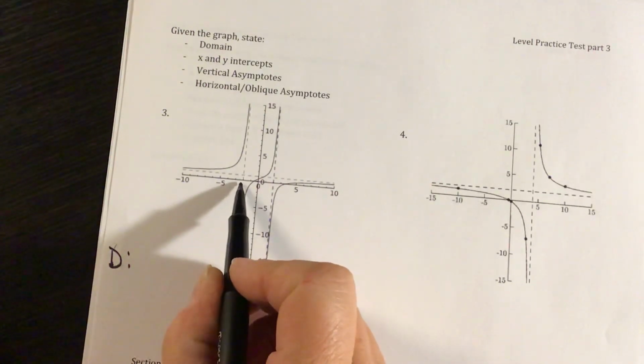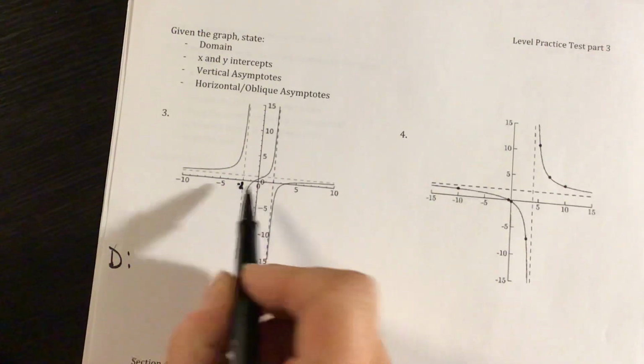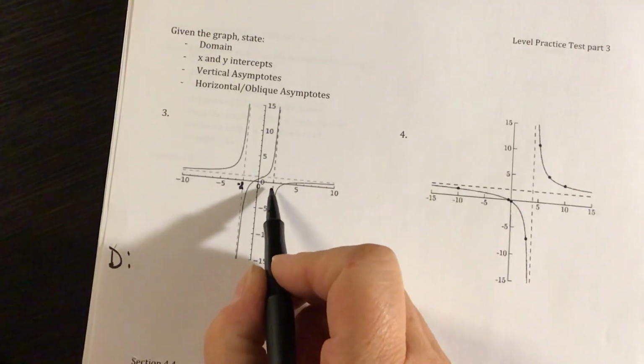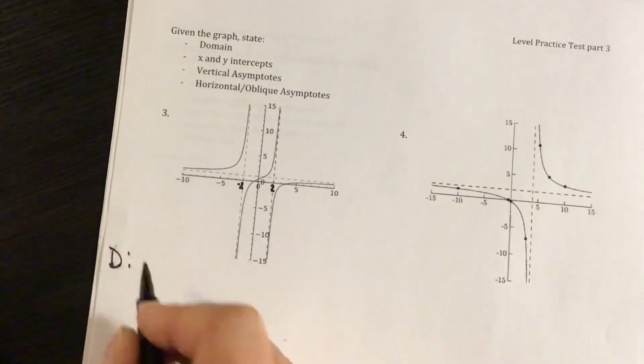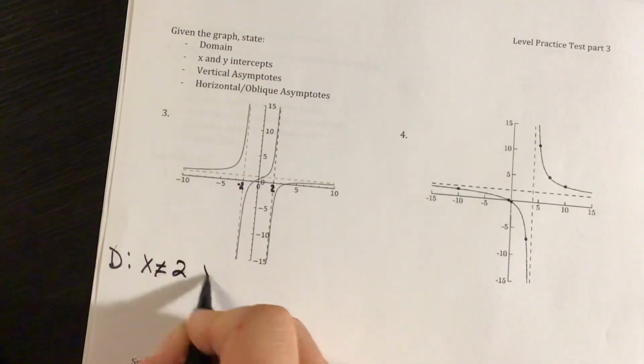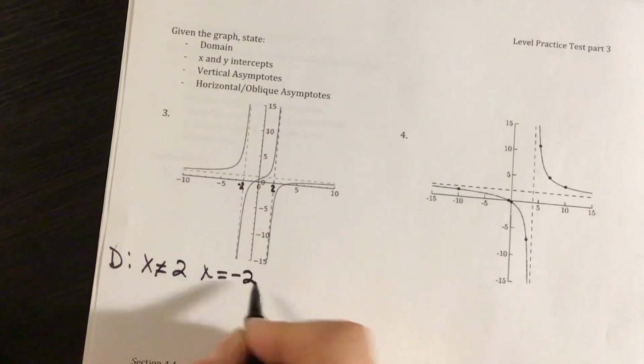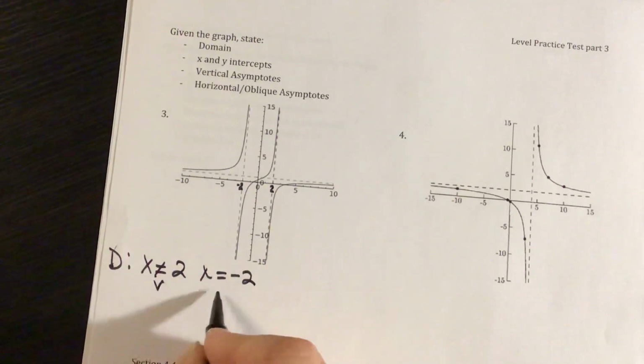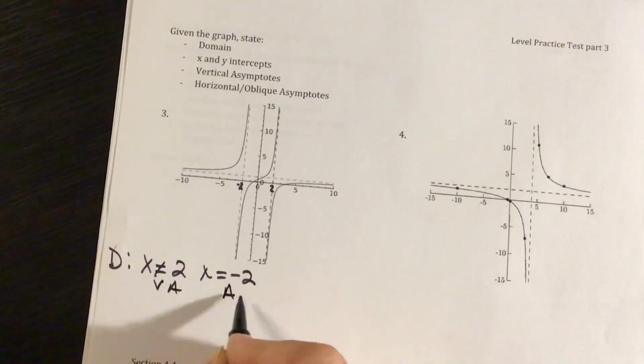So it looks like this is an asymptote at -2, and this might be an asymptote at +2. So x cannot equal 2, and x cannot equal -2. And there are vertical asymptotes at both spots.